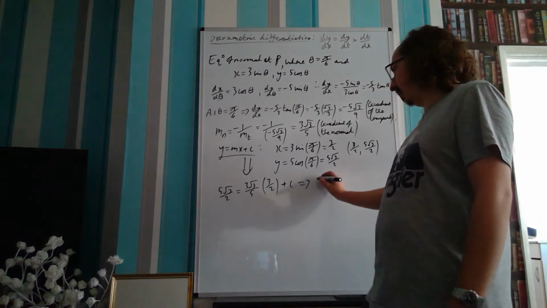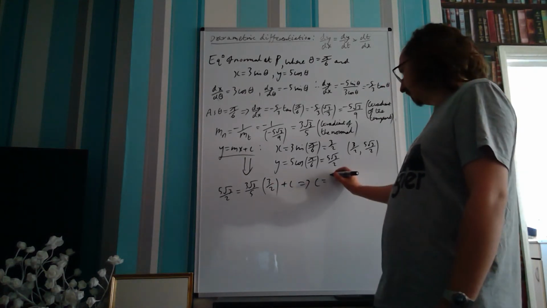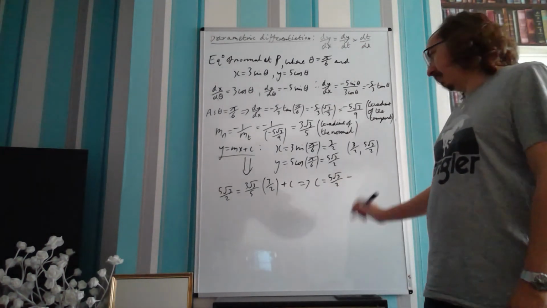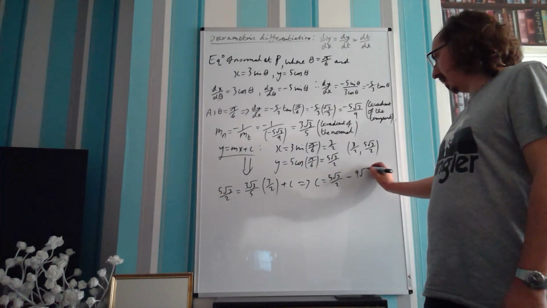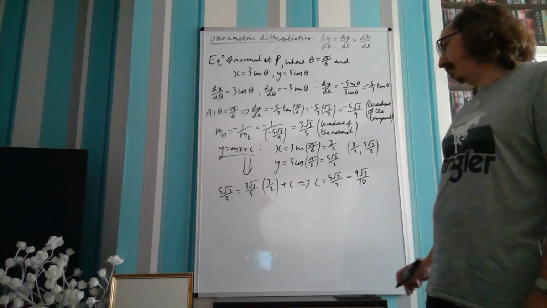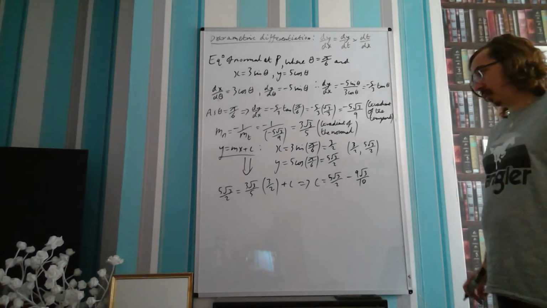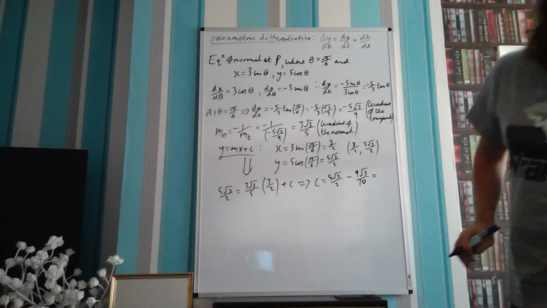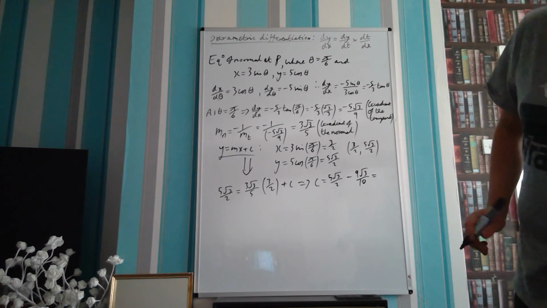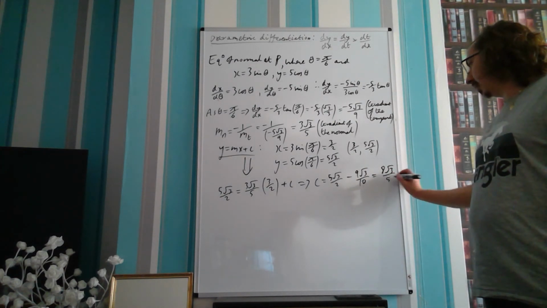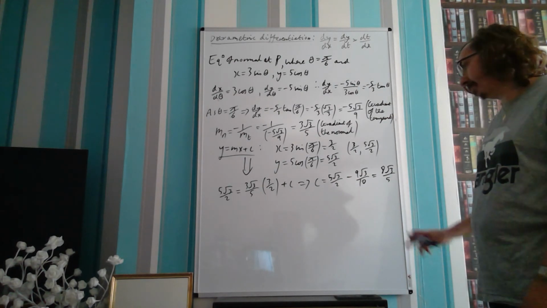So a little bit of rearrangement then. c is equal to 5 root 3 over 2 minus 3 times 3, 9 root 3 over 10. And if we simplify that, then we end up with 8 root 3 over 5.